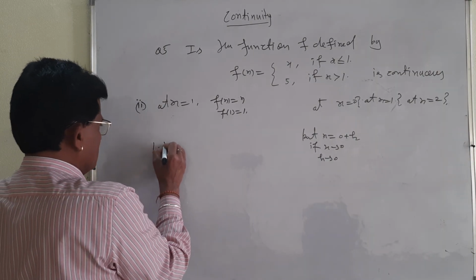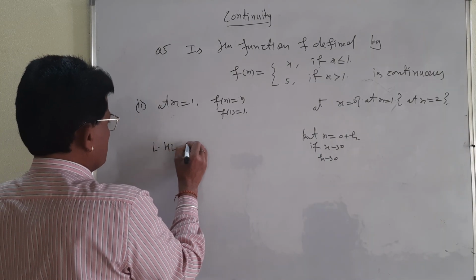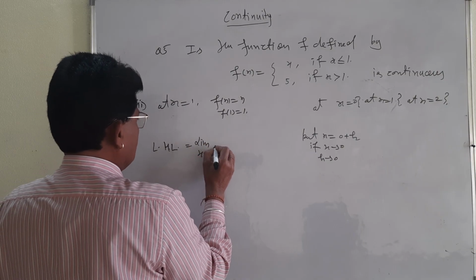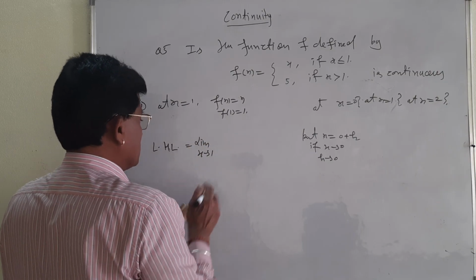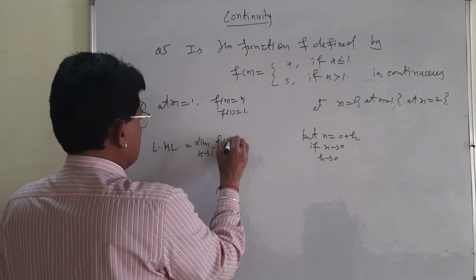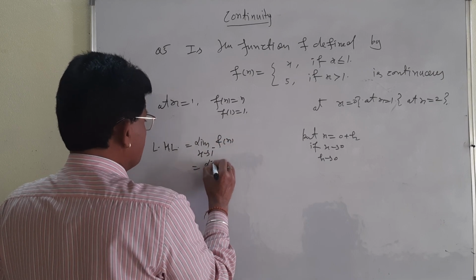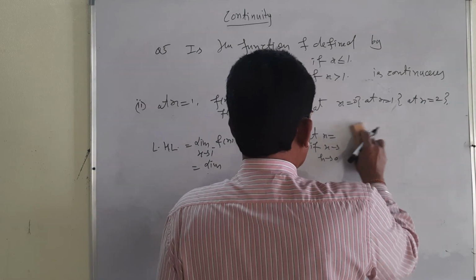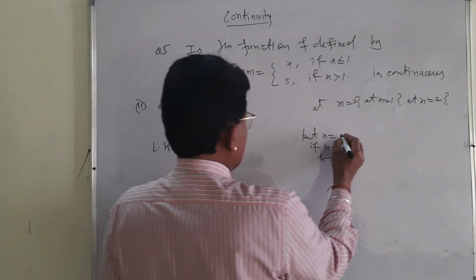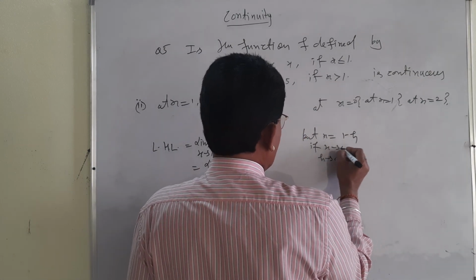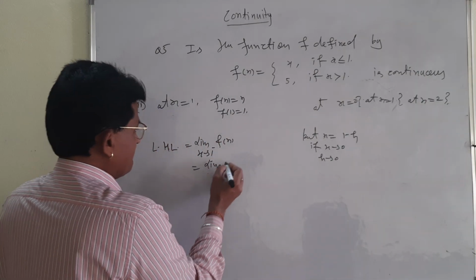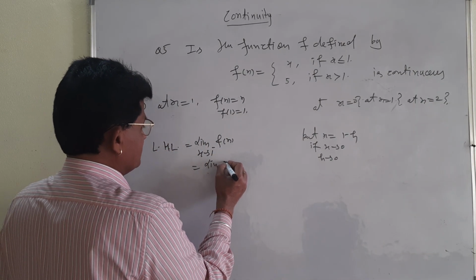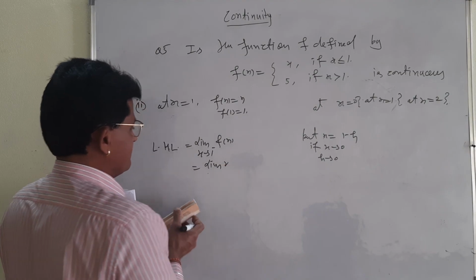Now left limit at 1 is equal to limit x tends to 1, left limit of f(x), and f(x) is equal to what? Same thing, my dear student. Because it is 1, x will be 1 minus h. If x tends to 1, h tends to 0. Same thing, you see. Let me take it, it is x.